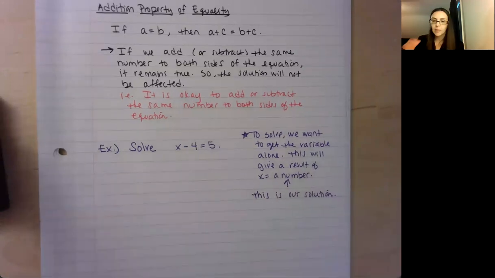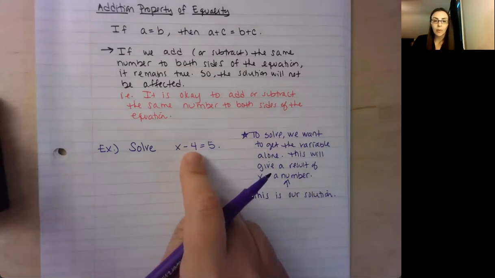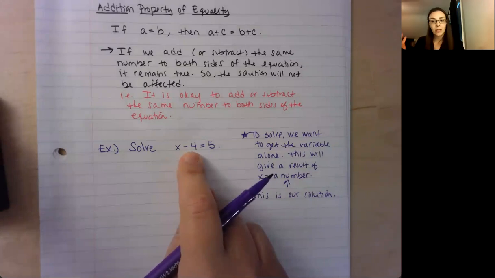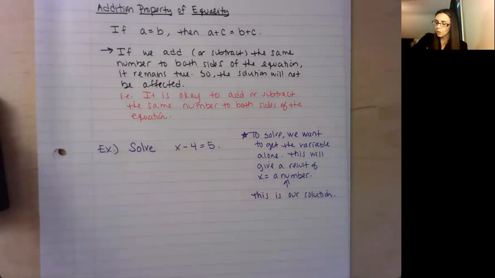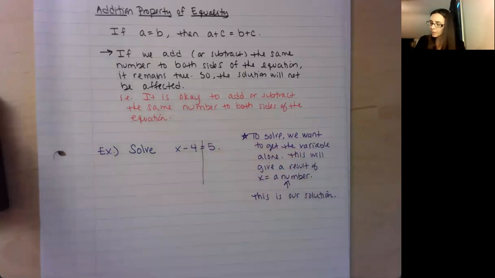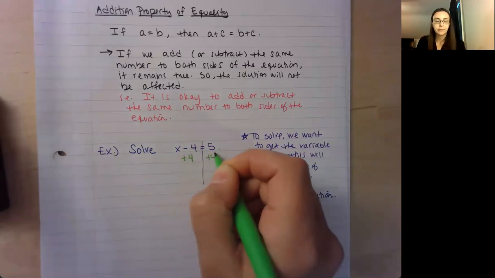So I want the variable to be by itself on that side of the equation, and I want this minus 4 to go away. When we're solving equations, you really want to think about opposites. If I want a minus 4 to go away, the opposite of minus 4 is plus 4. So what I can do here, and I'm going to draw a little line at my equal sign just to show my two sides of the equation, is add 4 to both sides.